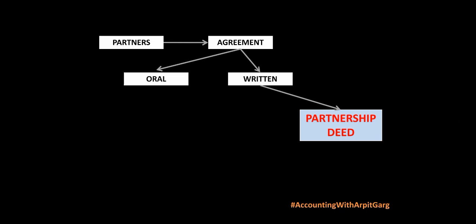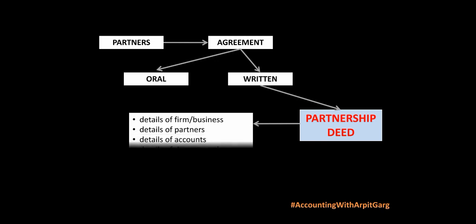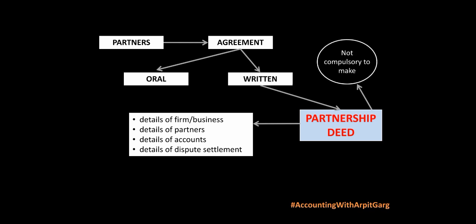It contains all the details of the firm like its name, place, details of partners like name of partners, their place, their designation, their capital contribution, details of accounts, and details of dispute settlement. And again, the making of a partnership deed according to our Indian Partnership Act 1932 is optional.